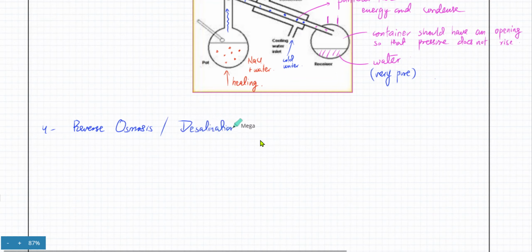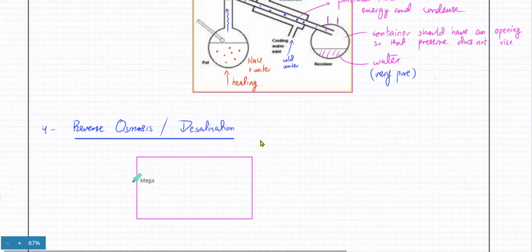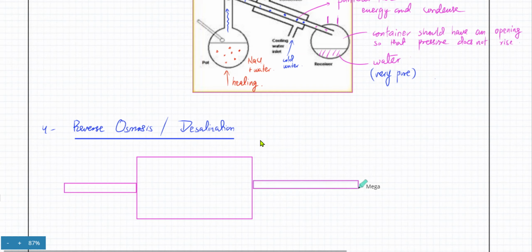Especially in coastal cities, you want pure water, and the water has a lot of salt dissolved in it. So what happens in reverse osmosis or desalination is that they pump salt water or seawater at high pressures.